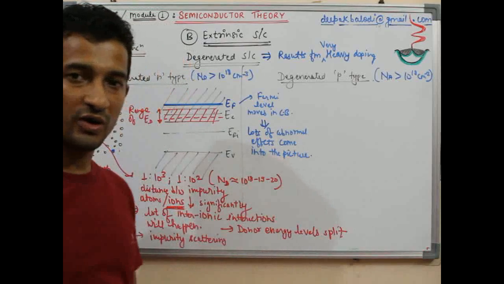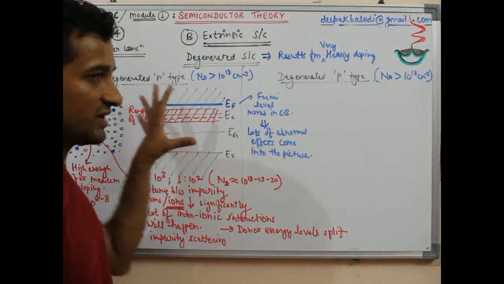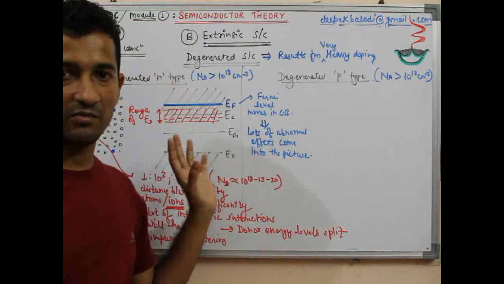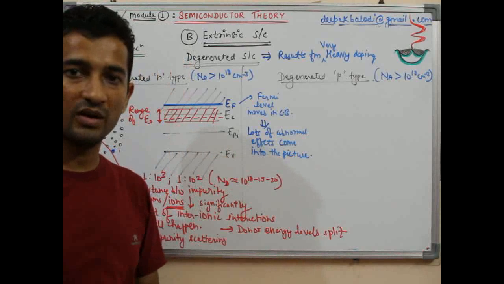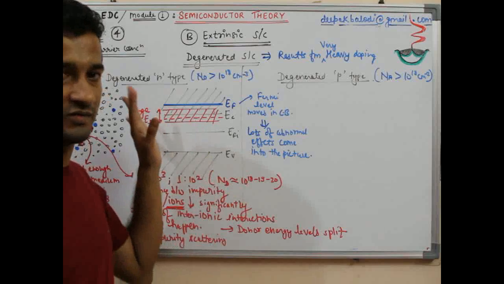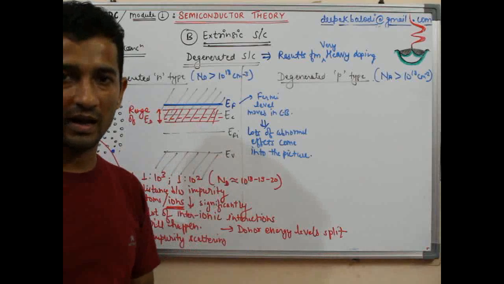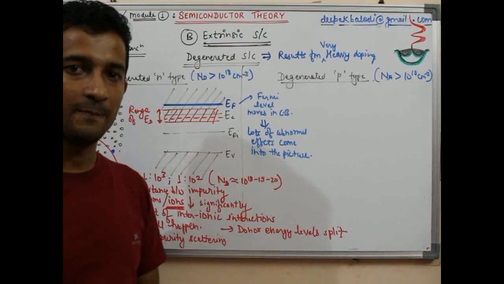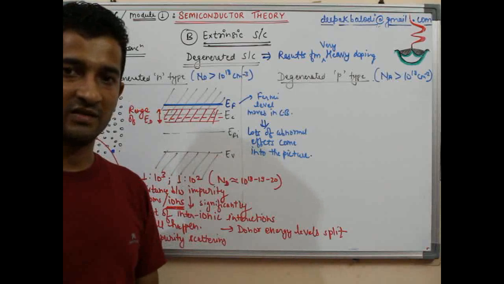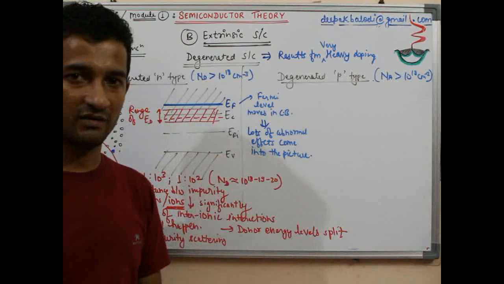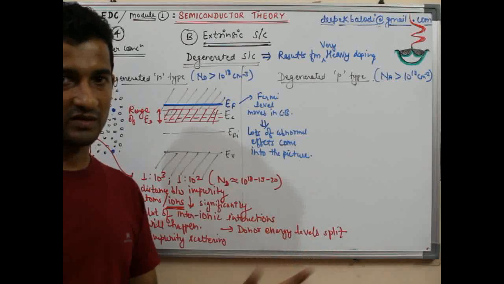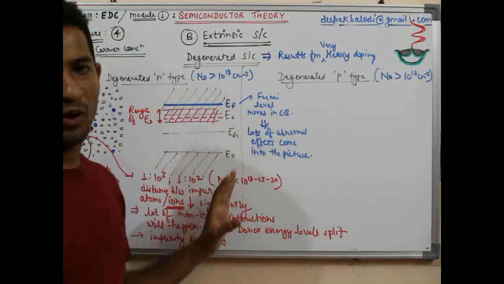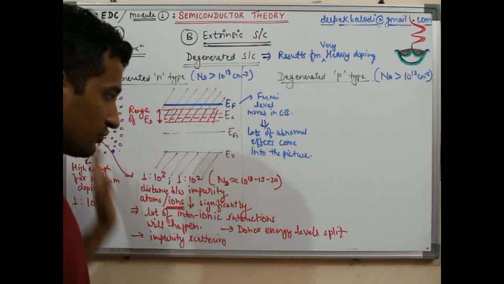We just postulate that this type of degenerated extrinsic semiconductor will not behave as a nominal extrinsic semiconductor. This will not behave like a nominal n-type extrinsic semiconductor. It will have some different characteristics, specifically temperature coefficient of resistivity or temperature coefficient of conductivity, which we'll discuss later on. But something abnormal will happen here, and all due to this effect.